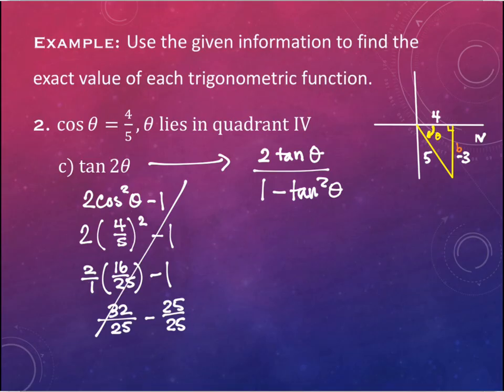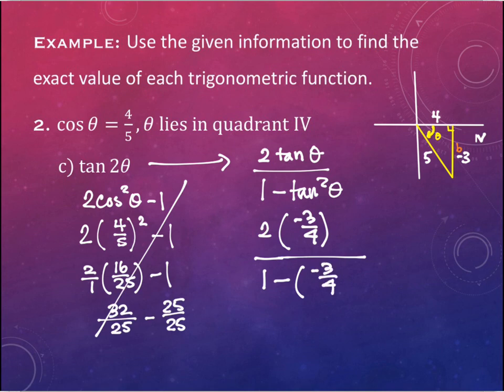Okay. In my picture, what is the tangent of theta? Close. It's -3. Yeah, -3 over 4 is tangent of theta. And then we have 1 minus, and then I've got the same thing, -3 over 4 in the denominator squared.